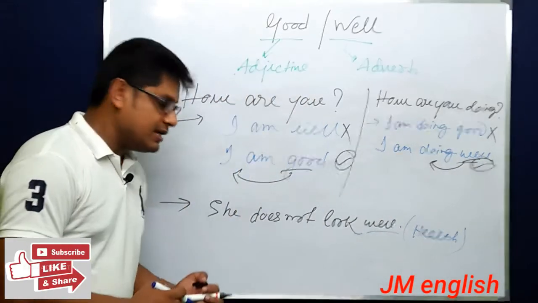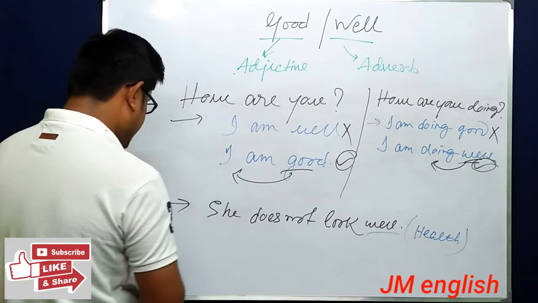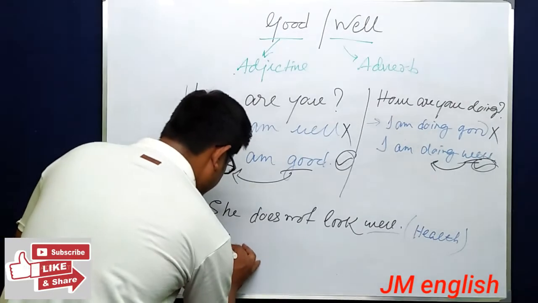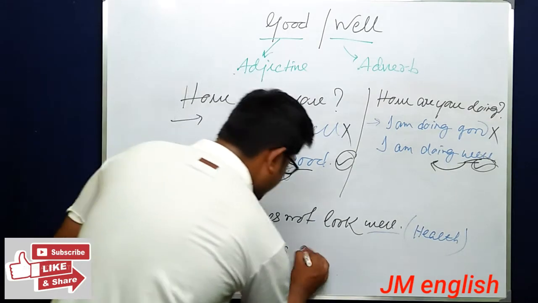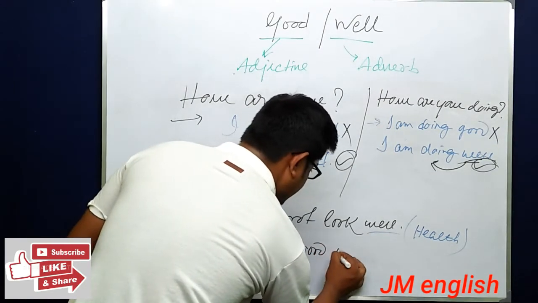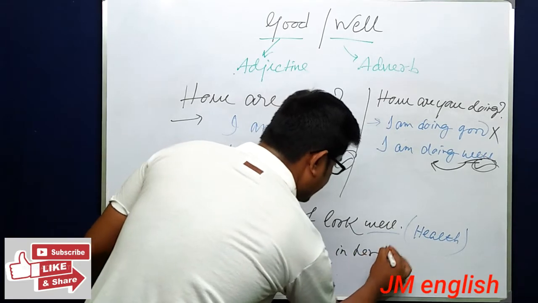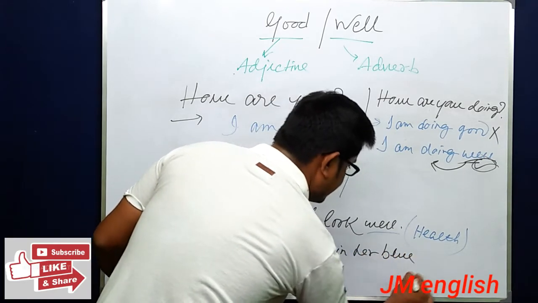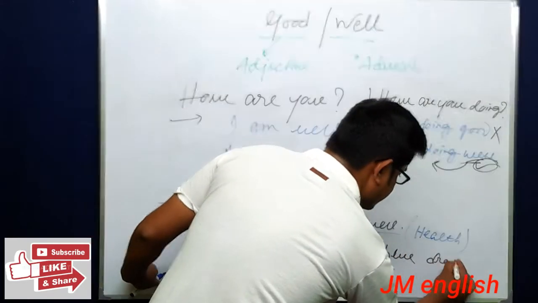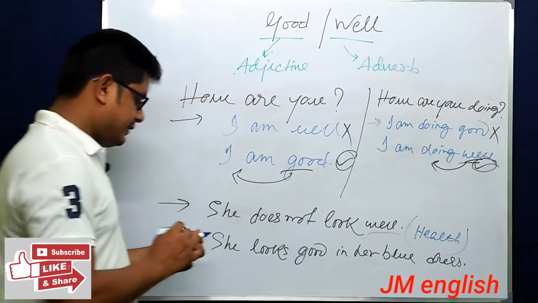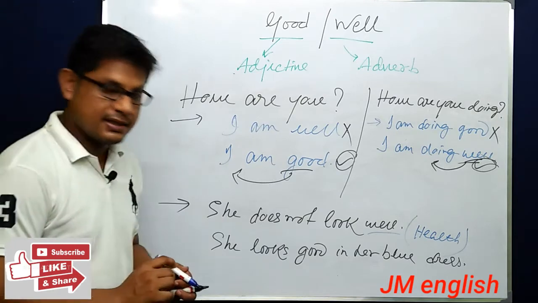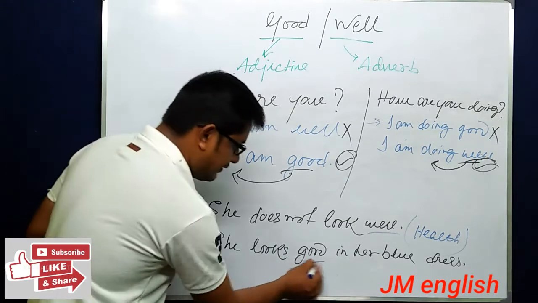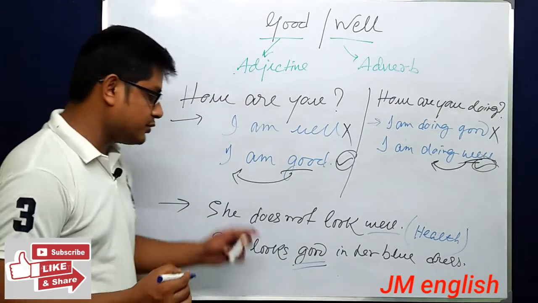Don't use good. Now, suppose I say, she looks good in her blue dress. If I say she looks good in her blue dress, then it is right. I have used good. Don't use well.